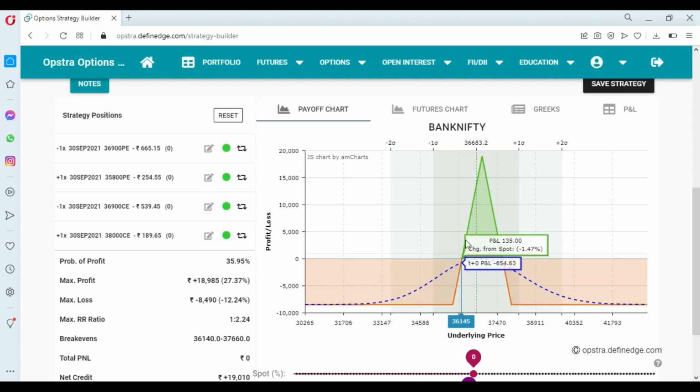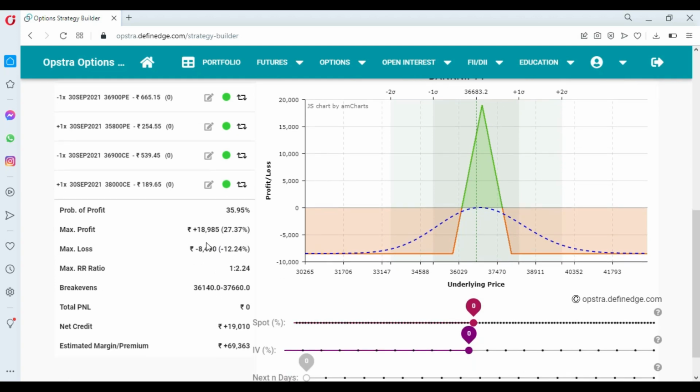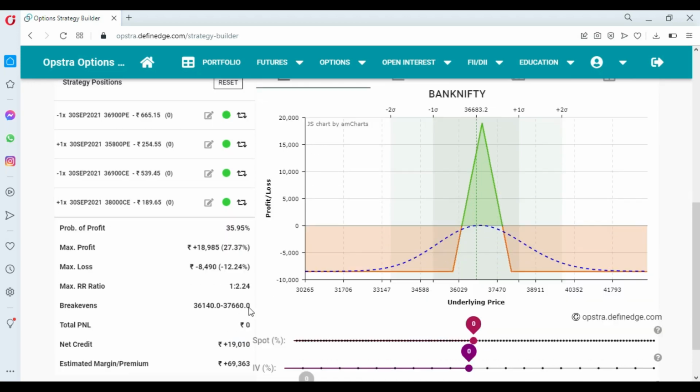So you can see the payoff chart looks exactly the same as I have shown you in the PowerPoint. It's the body of a butterfly and the two wings this side. First we'll go to the range. What is the range it has been given? You can see the range is the break-even point.